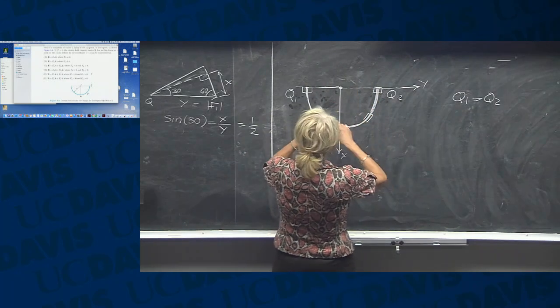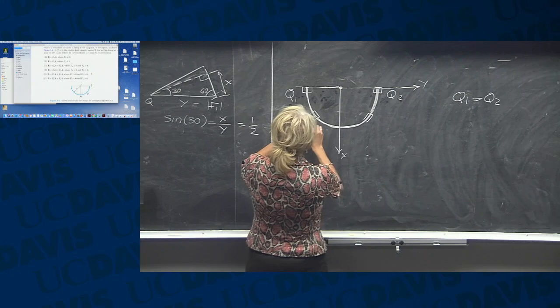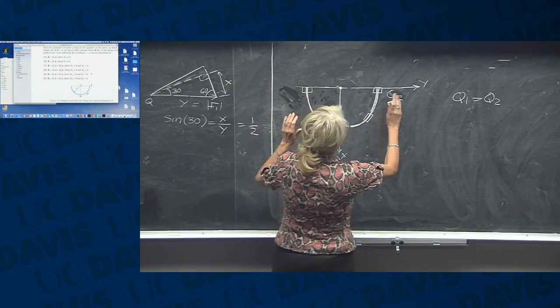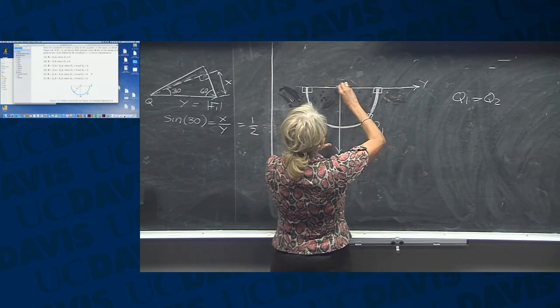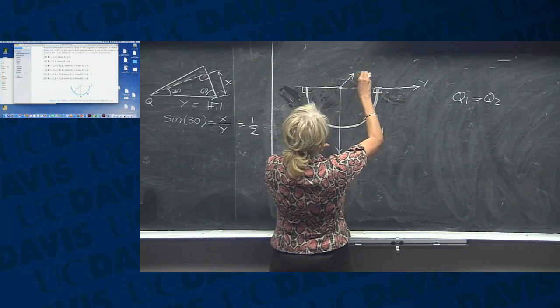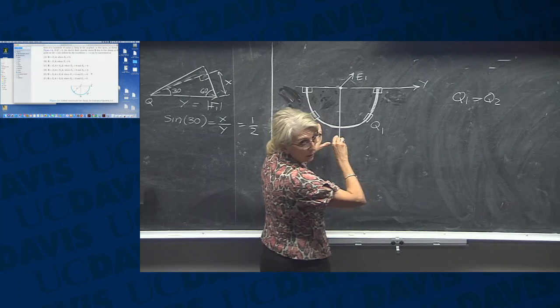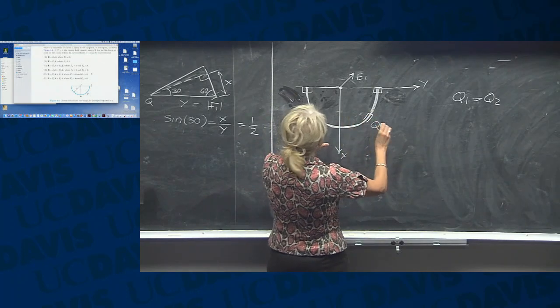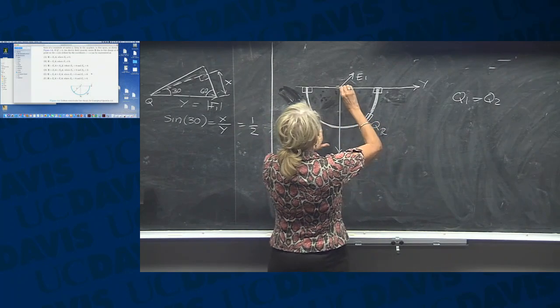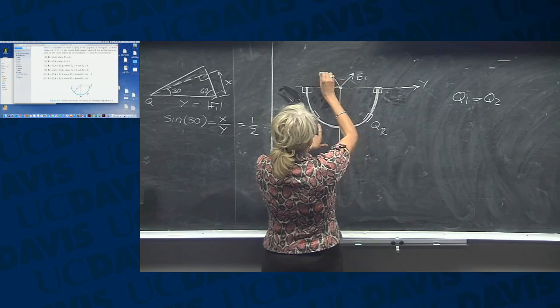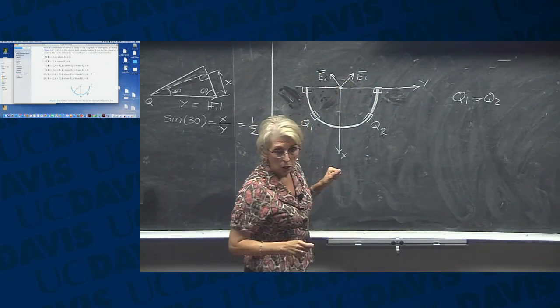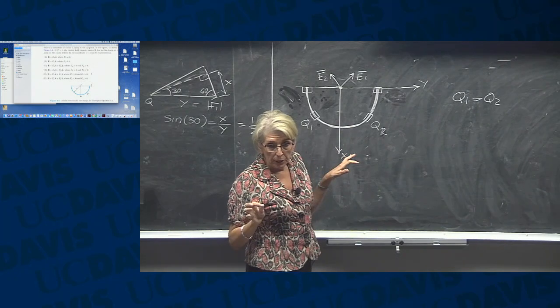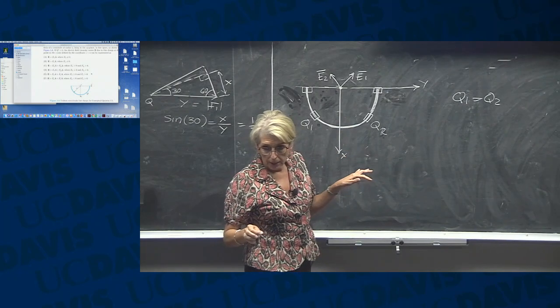How much is the electric field from Q1? E1. How much is the electric field from Q2? E2. E1 and E2 have the same amplitude but different directions.